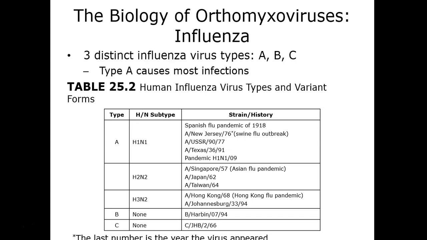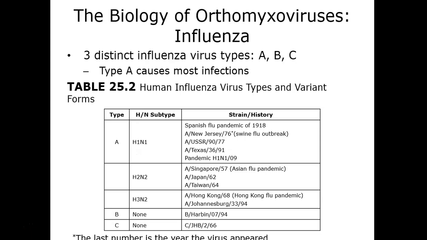So you'll see down here in this table, we have our three different types, A, B, and C. And then they also list, if you are familiar with any of the influenza outbreaks, a subtype. Each subtype is given a number abbreviation, like H1N1 or H2N2.